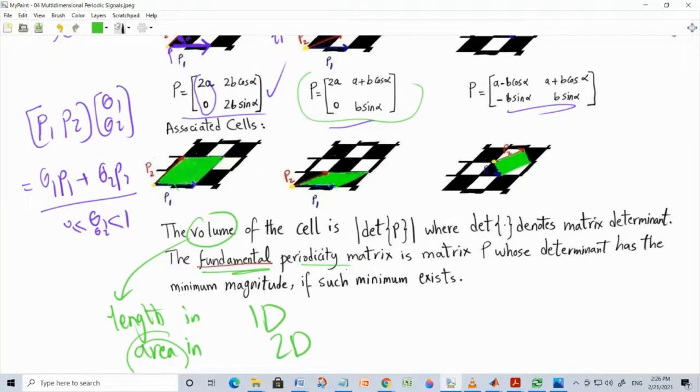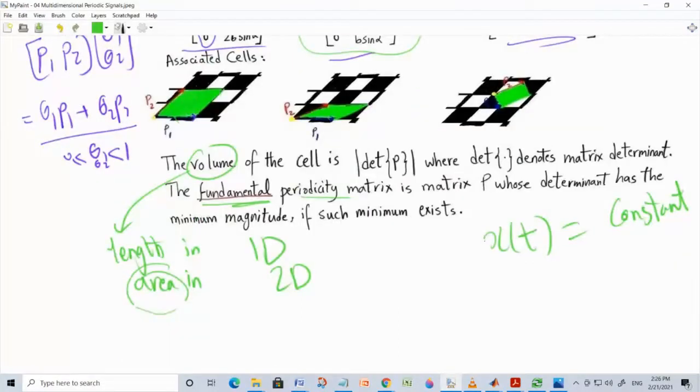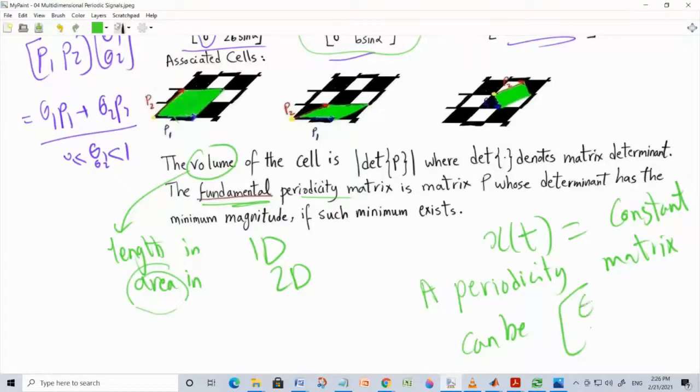Give me an example in which there is no fundamental periodicity matrix. A constant signal, right? So if x of t is equal to a constant, okay, then basically any vectors of any length will work. So a periodicity matrix can be, let's say, epsilon 0, 0 epsilon, right?